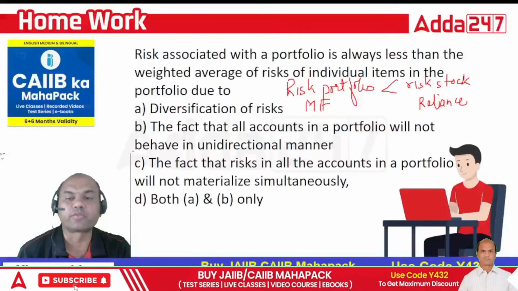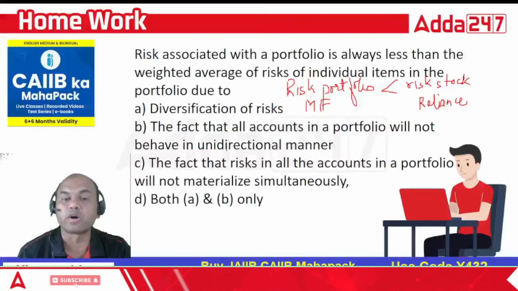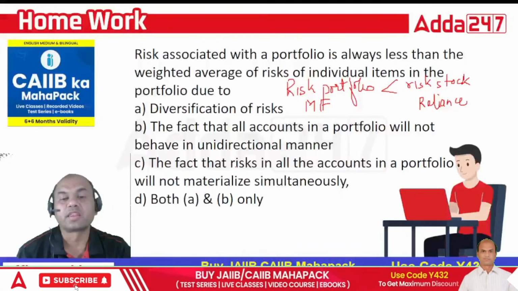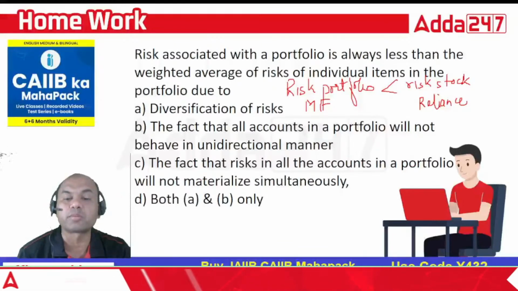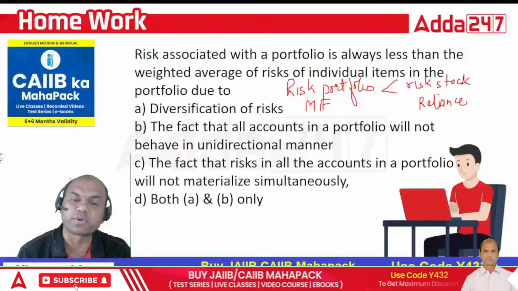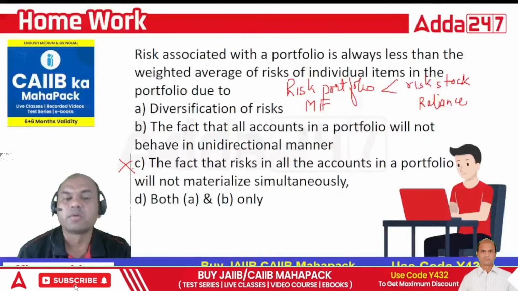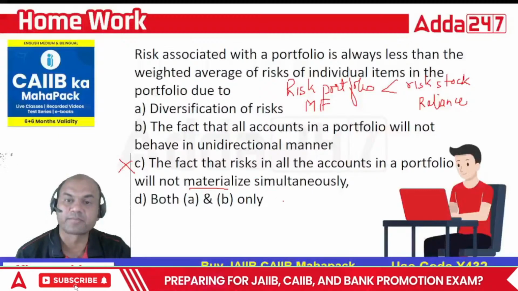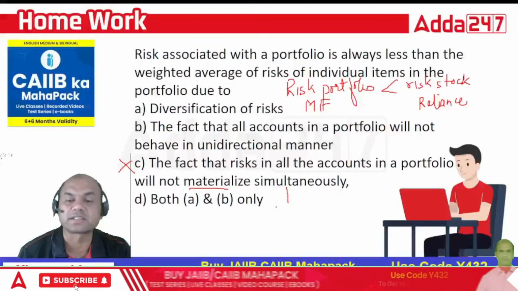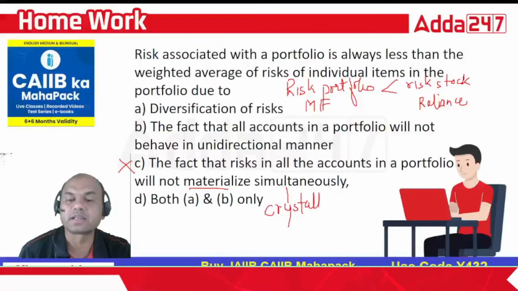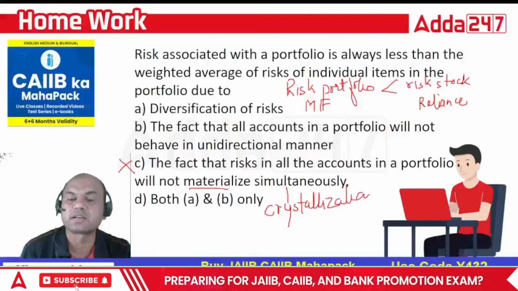Diversification of risk, the fact that all the accounts in the portfolio will not behave in a unidirectional manner, that is also a point. C, the fact that all risk in all the accounts in a portfolio will not materialize simultaneously. Materialization is out of question here, because risk materialization is applicable to a risk known as crystallization risk, which is basically a contingent risk.